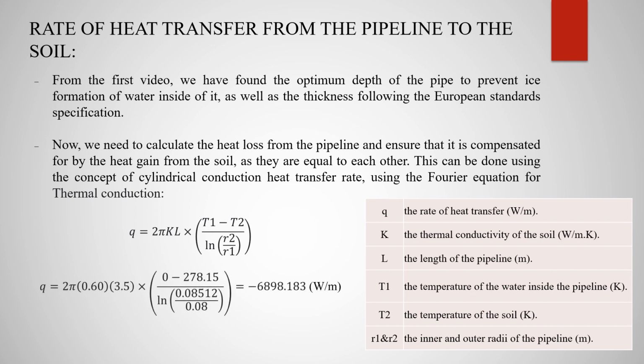Now, filling in all this information in the equation, we find that the rate of heat transfer from the pipeline to the soil, or the heat loss, is equal to minus 6898.183 watts per meter.